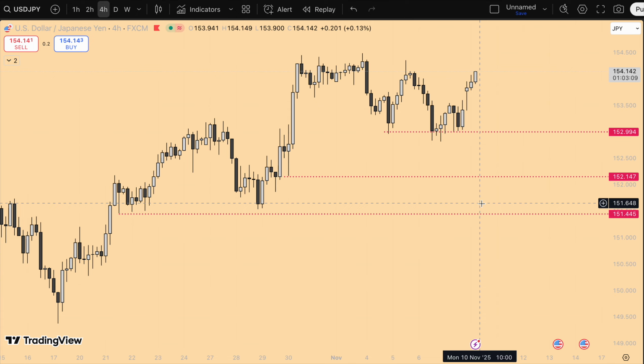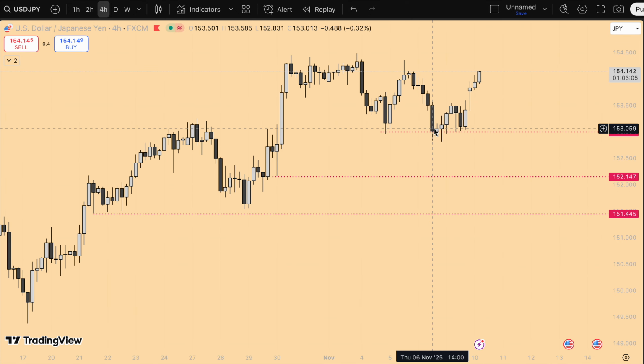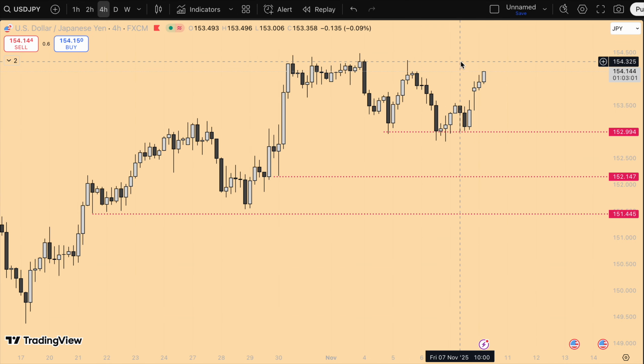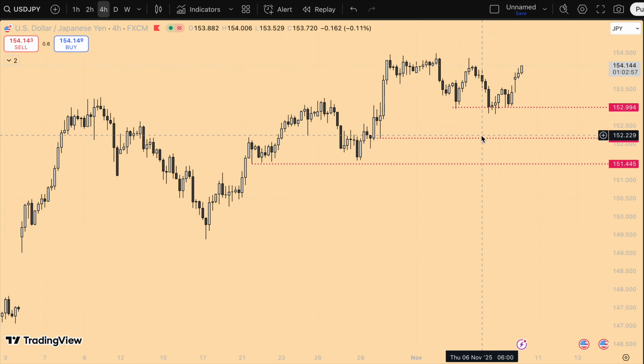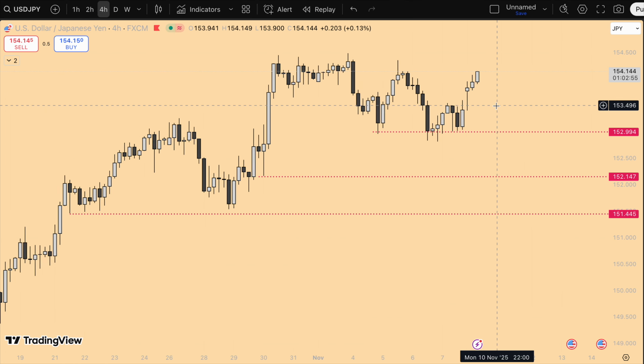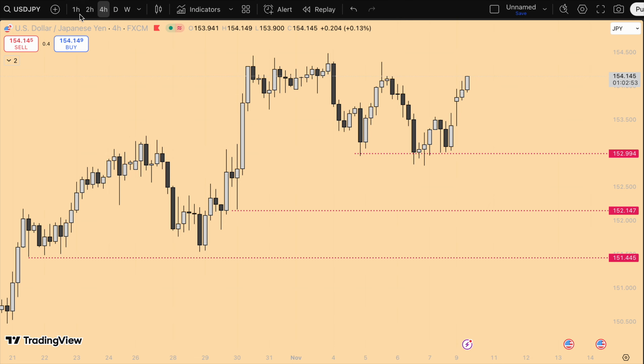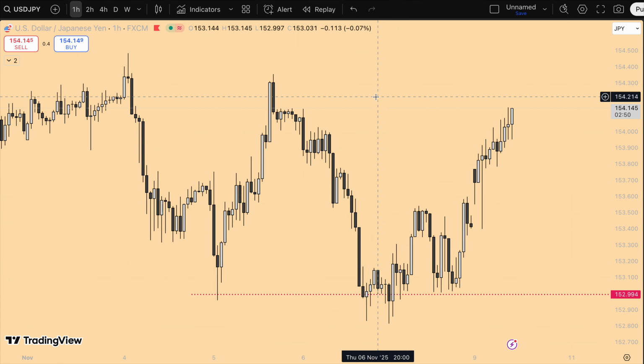And with USD JPY, guys, as we've been screaming all week, we're just looking for bullish momentum on this, just buys. If you're in it from here, I don't know where we could have gotten in, perhaps on the 1 hour. Let's see.